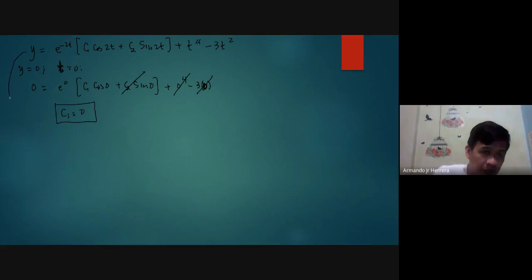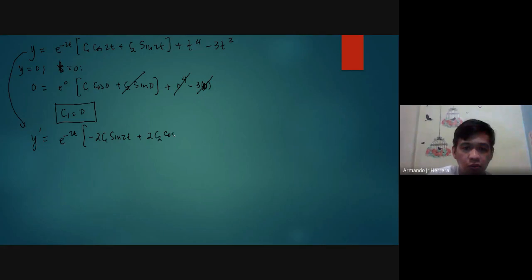Then for y prime, solving for y prime, that's e to the minus 2t. Derivative nito is negative 2c1 sine 2t plus derivative nito is 2c2 cosine 2t plus 4t cubed minus 6t. So there is an initial condition, y prime is 0, t is also 0.